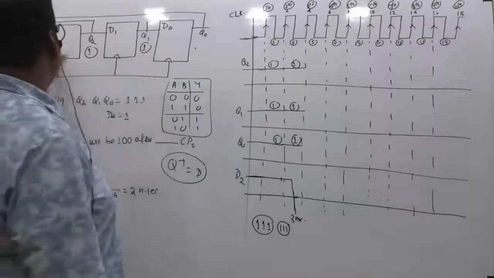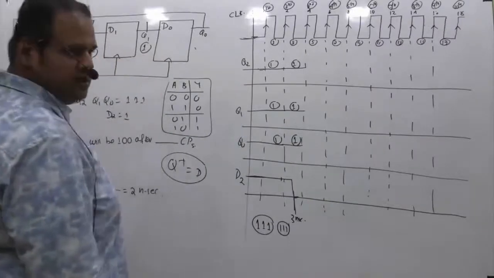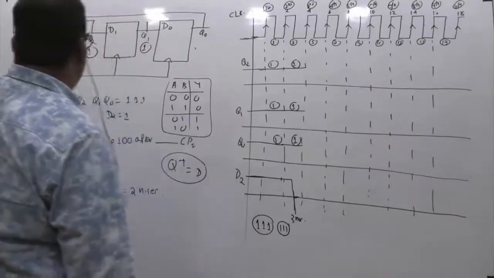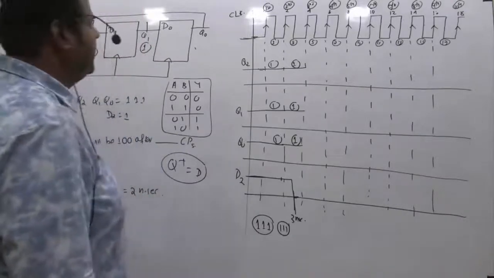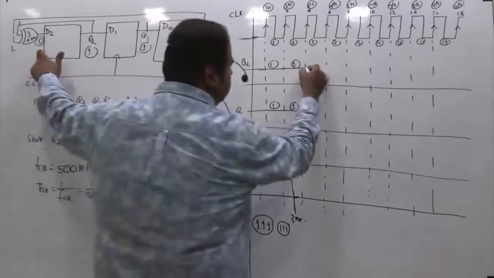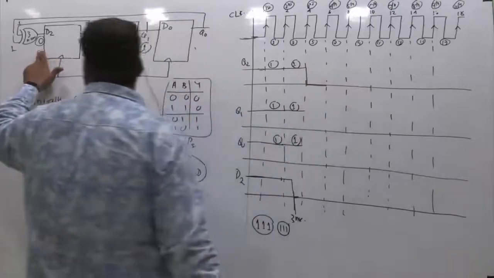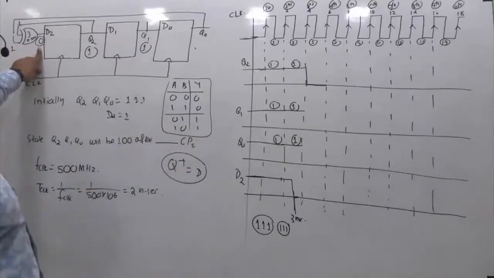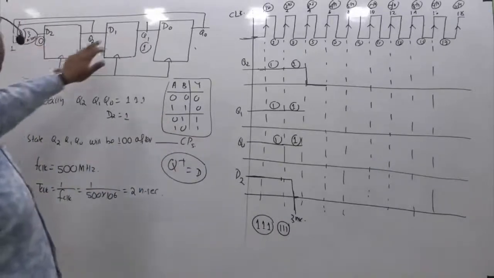Just before the third clock pulse, D2 is 0. So if I ask what is going to happen to Q2 after the third clock pulse, definitely it is going to be 0. Why? Because the input is 0 when the third clock is coming, so that will be transmitted to the output. But what about these two?